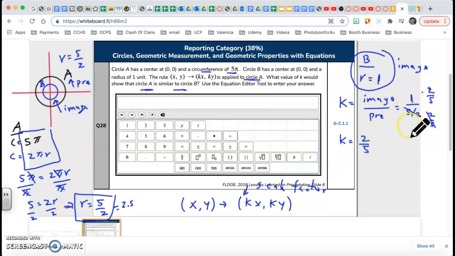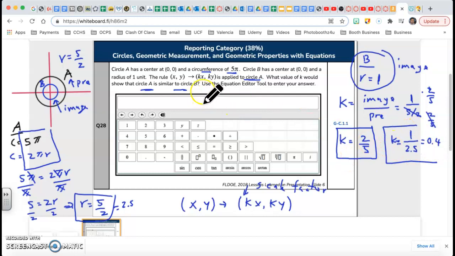If not, another way to do that is dividing 1 by 2.5, since 5/2 is the same as 2.5. 1 divided by 2.5 is going to give you 0.4, and that's my scale factor. So I can do it as a fraction or as a decimal. Either one is going to give me the same answer. So my scale factor is 0.4.